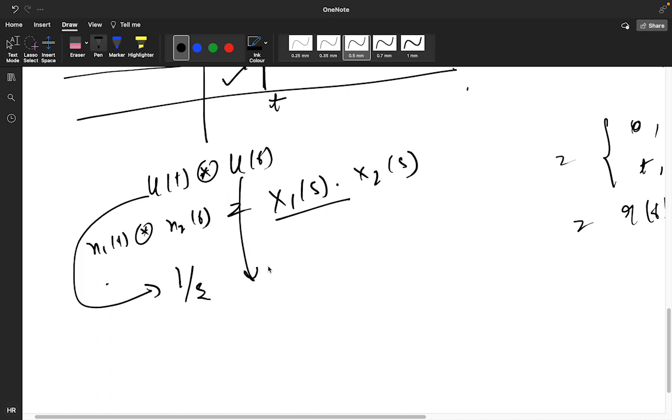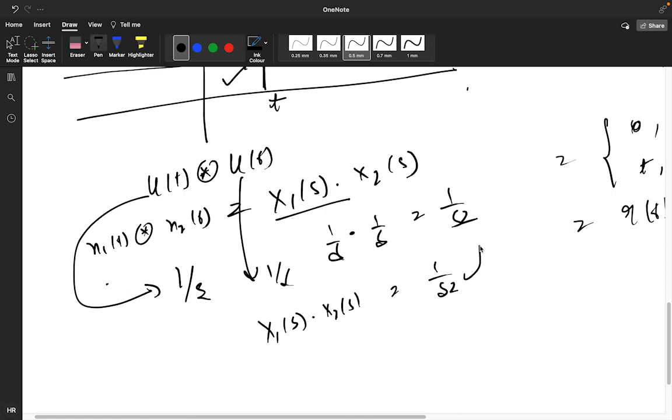The Laplace transform of u of t is 1 by s. So 1 by s into 1 by s, you are getting 1 by s square. And the inverse Laplace transform of this is r of t. So you got the result directly.